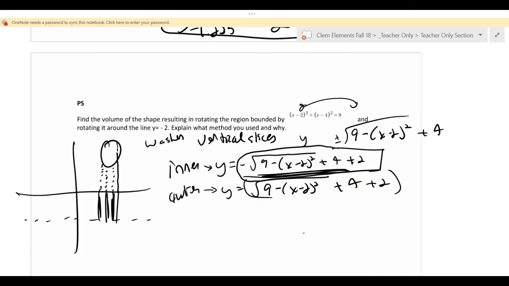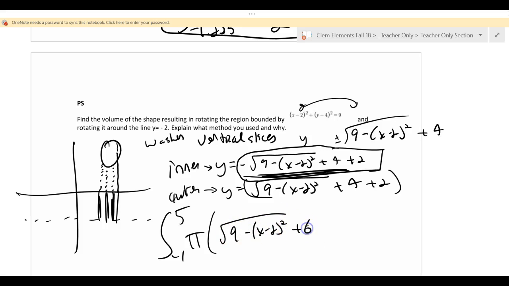So same thing now. From what to what? I'm looking at my x's from -1 to 5. And the outer, it's outer minus inner. Pi r squared. Pi, and then r squared: 9 minus x minus 2 squared plus 6. Okay.